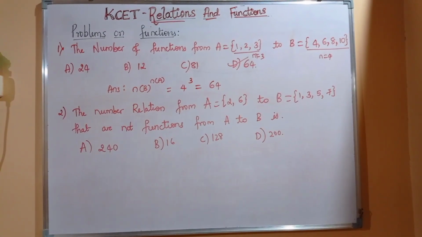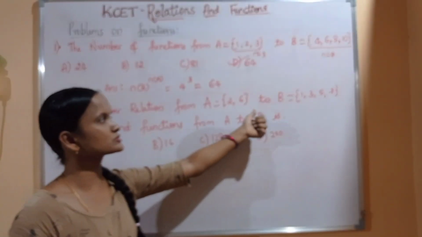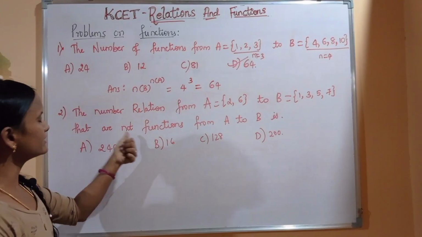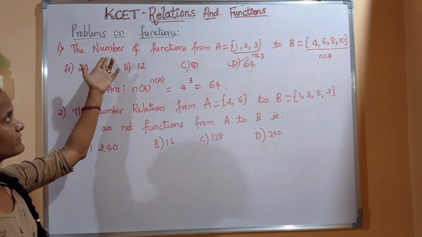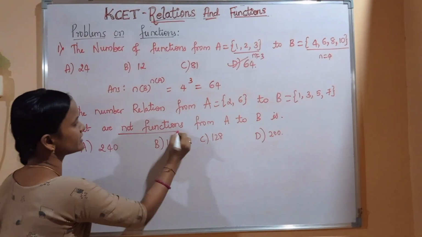Okay. The number of relations from A = {2, 6} to B = {1, 3, 5, 7} that are not functions from A to B. Before, we used to find the number of functions. Now they are asking for not a function.